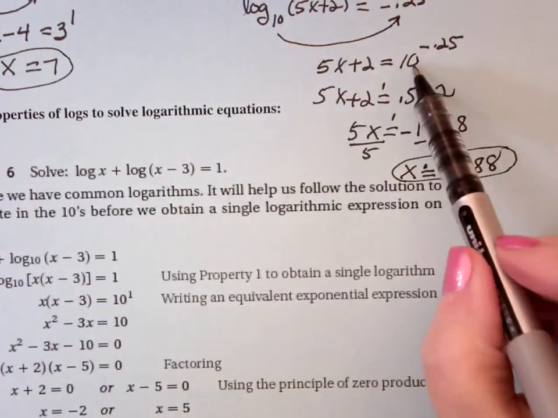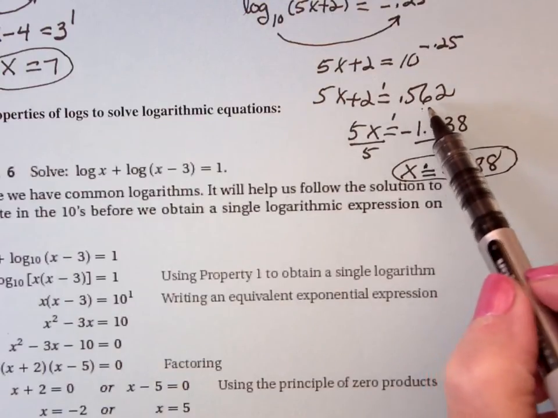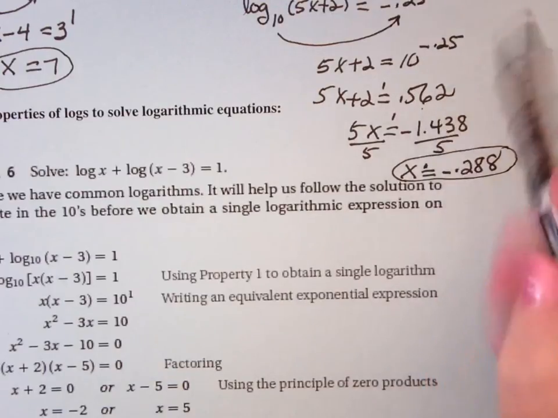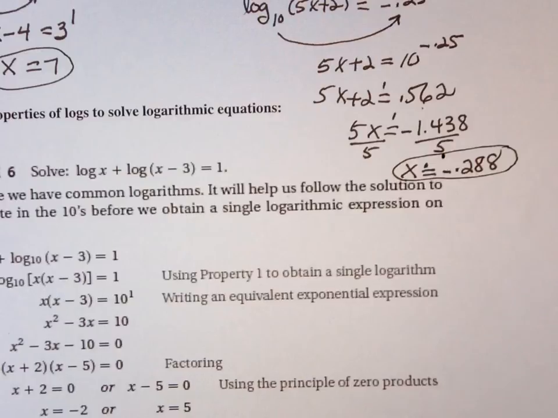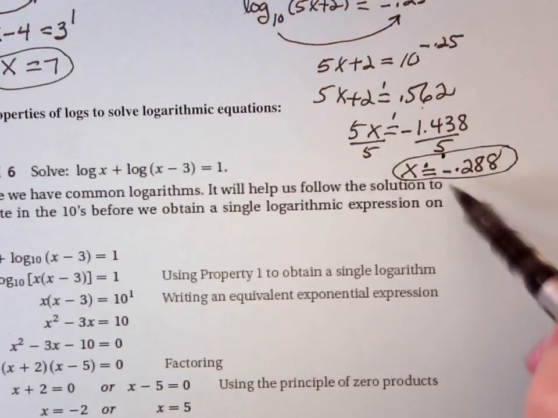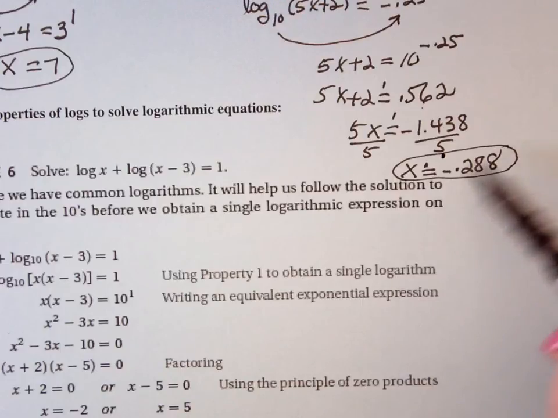So once I went from here to here rounding, I introduced error. Once I go from here to here rounding, I introduced error. And so if I go to check this, it's not going to be exact.